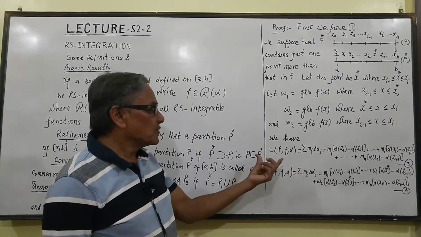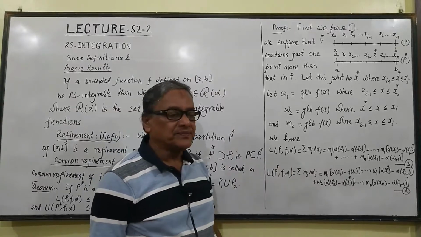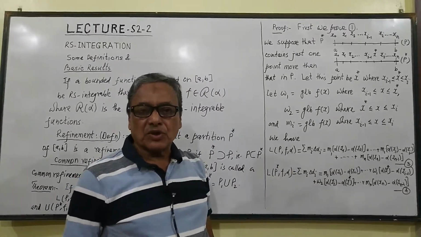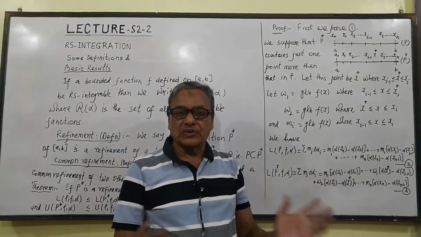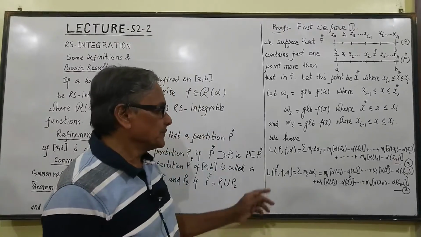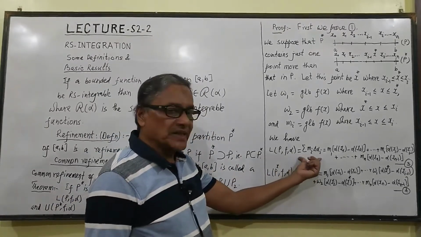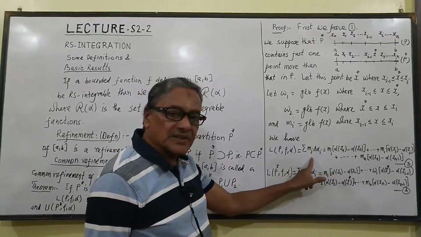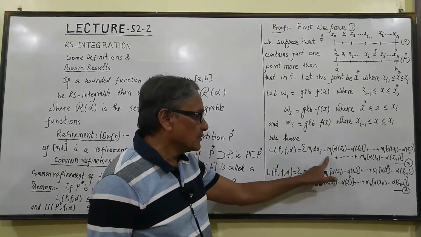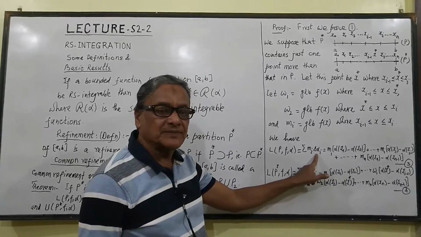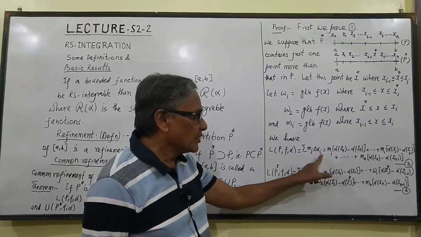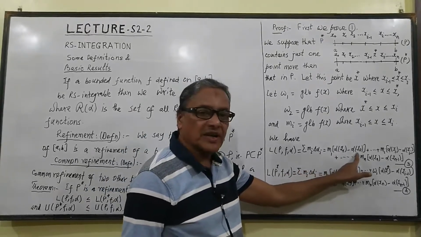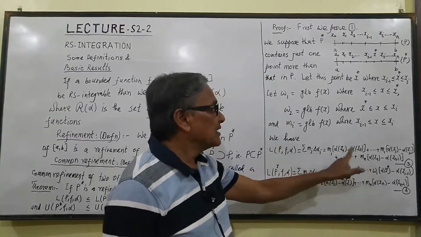Now we want to write the expression L(P, f, alpha). This is equal to the sum of m(i) delta alpha(i), i from 1 to n. Now what will be the expanded form of this? If i is 1, this will be equal to m1 delta alpha 1, and delta alpha 1 will be alpha(x1) minus alpha(x0), and so on.